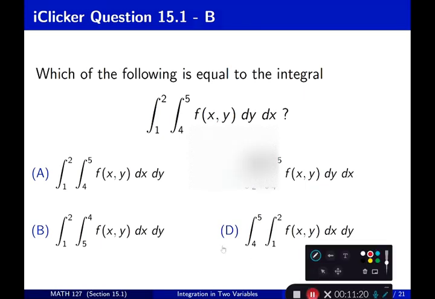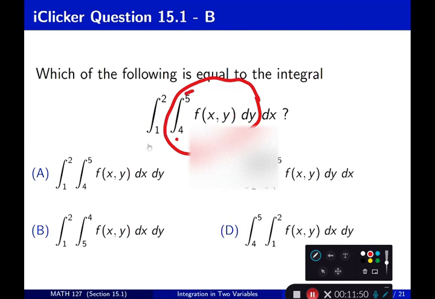So if this is an iterated integral and the order is that the inside is with respect to y and the outside is with respect to x, what I'm expecting is the other way around. So I want to look at all the dx dy's, right? And when I do dx dy, the integral bounds have to switch with the y.